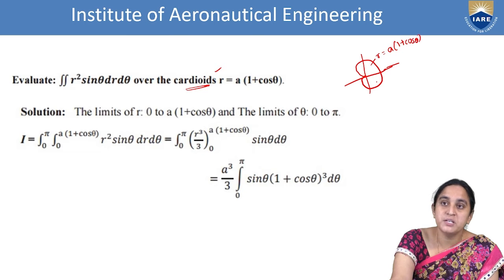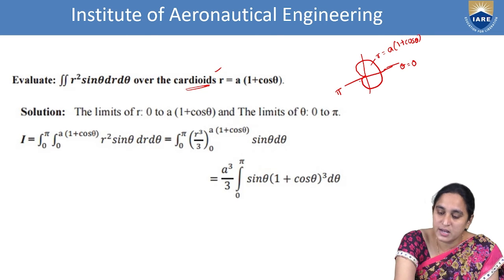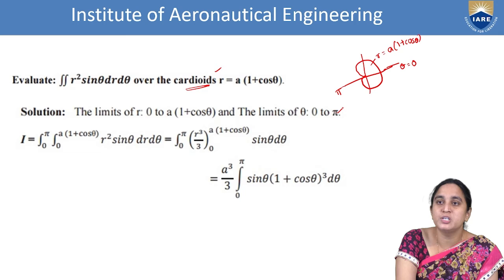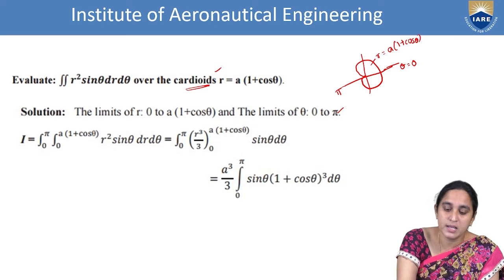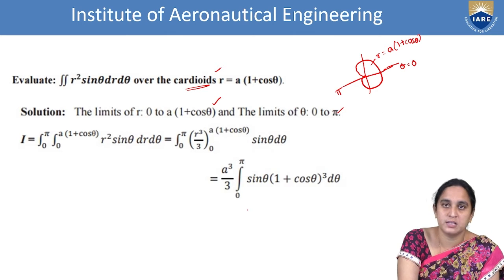And what about the limits of theta? Here the cardioid varies with theta. Initially it starts from 0 and its end point is pi, touching the end point at 180 degrees. Therefore, the limits of theta are 0 to pi, and the limits of r are 0 to a into 1 plus cos theta.